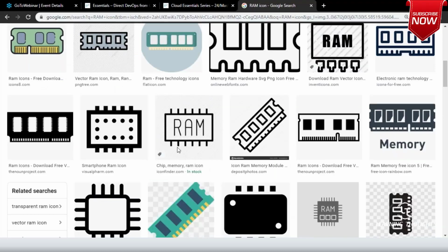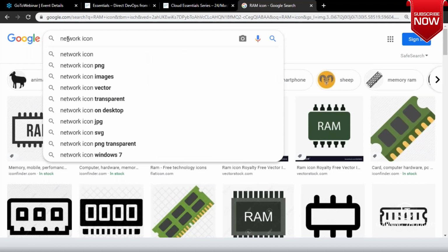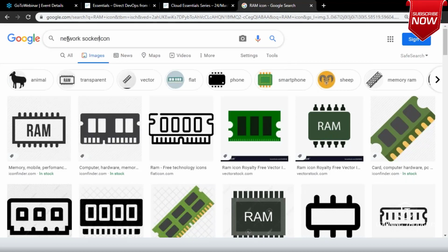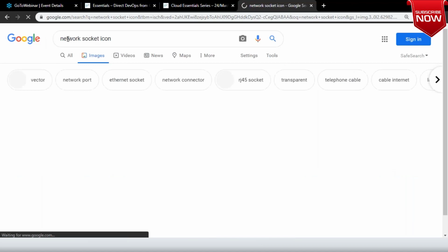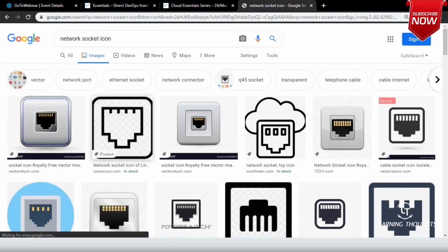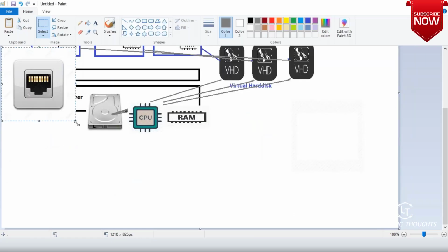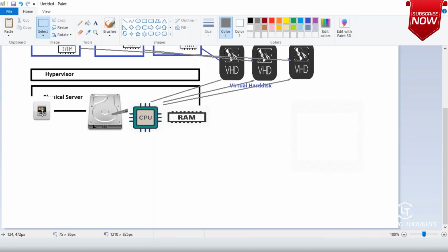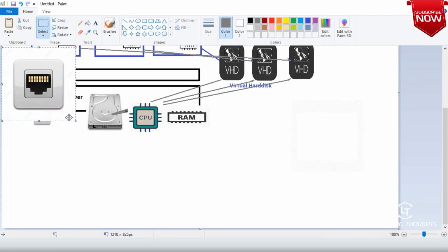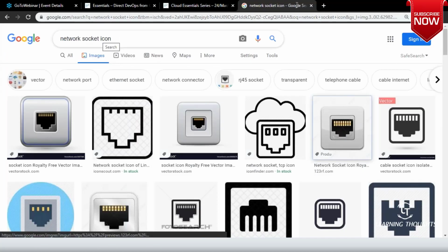Now let me finish this and then I'll speak about it. Your physical server will have some kind of network sockets. Do you agree to this?